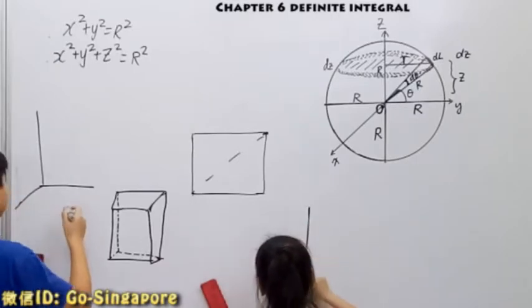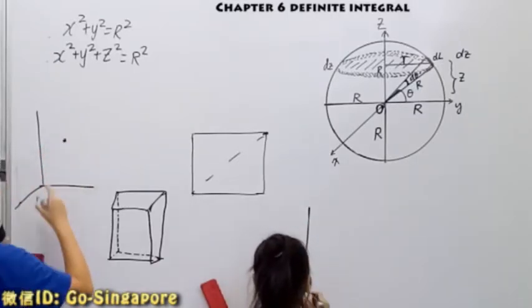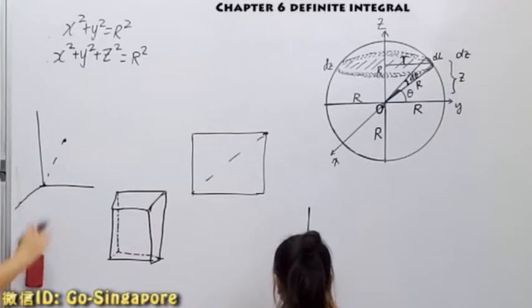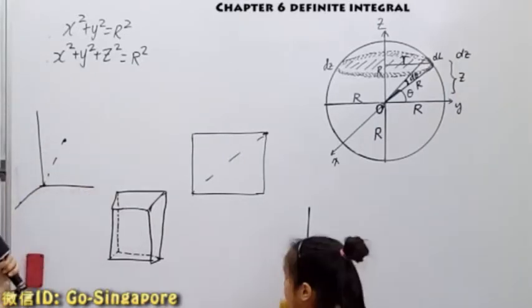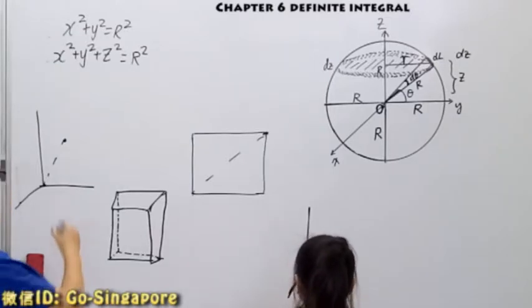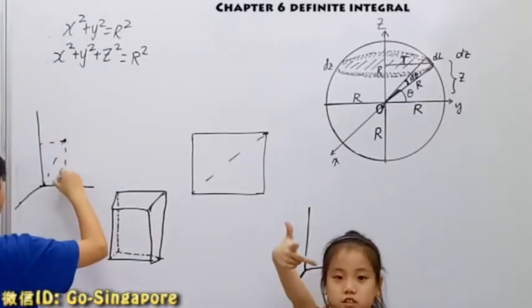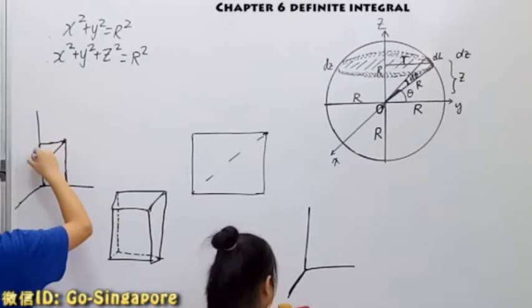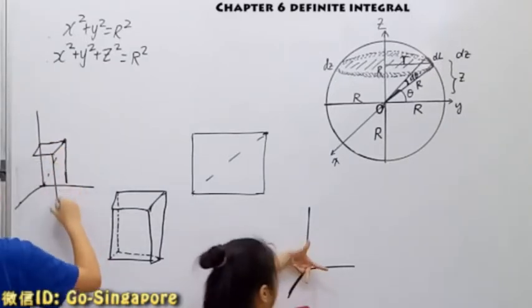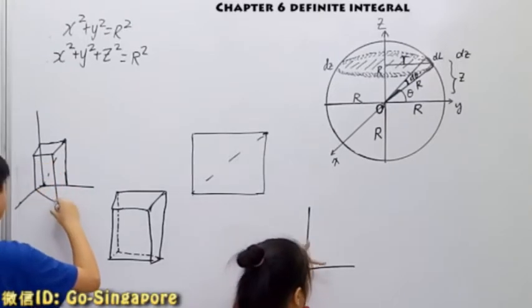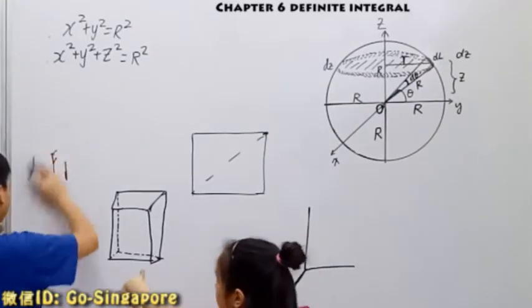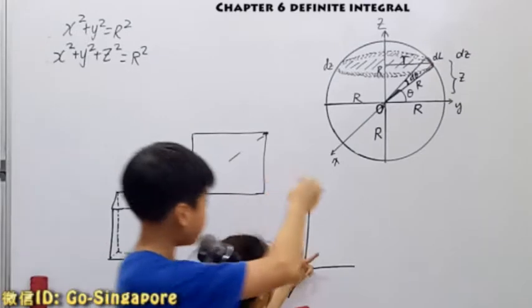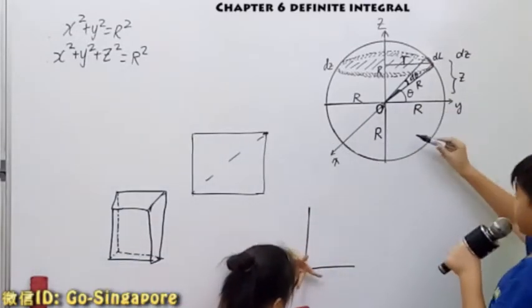Remember this is in 3D, so it is not on the y-axis. With x and y, first you get a dot somewhere over here.